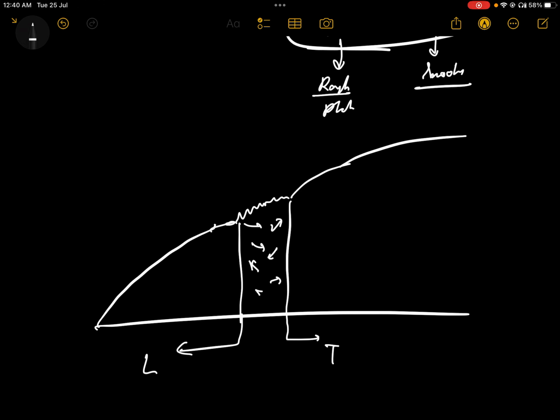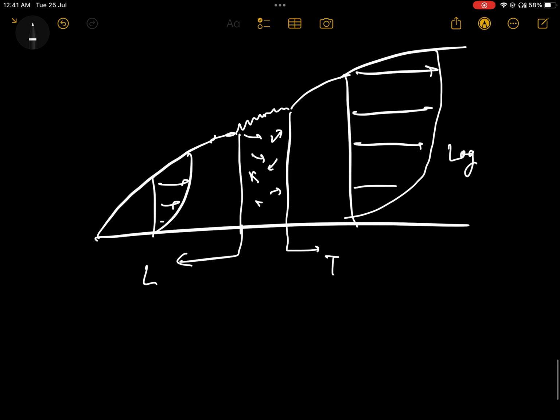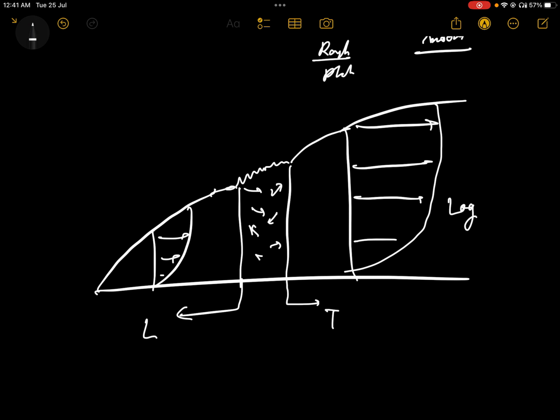Fine. Here you will get the parabolic velocity profile, and here you will get the turbulent velocity profile, that is logarithmic. If I have to show the turbulent region, I can show it like this.